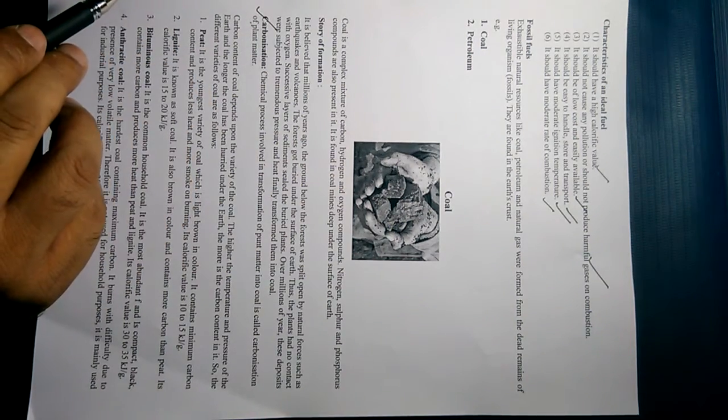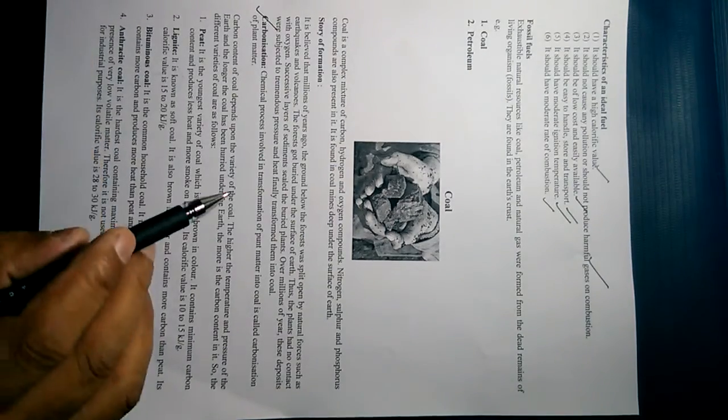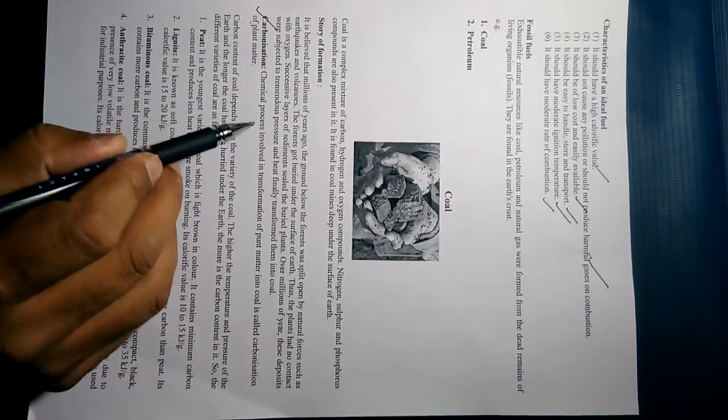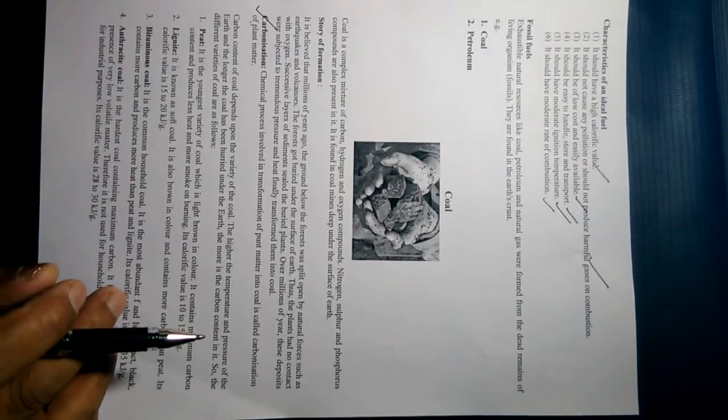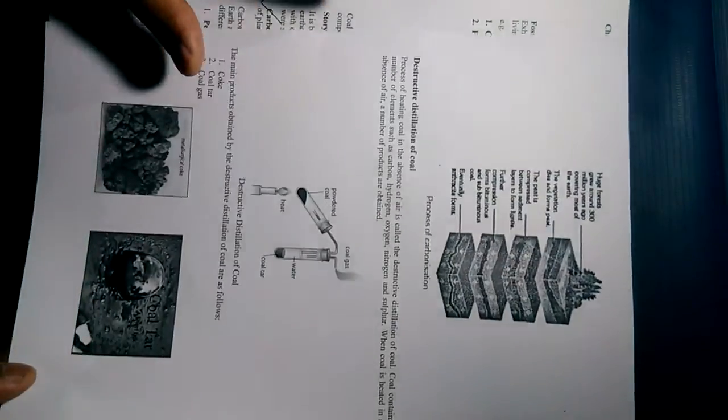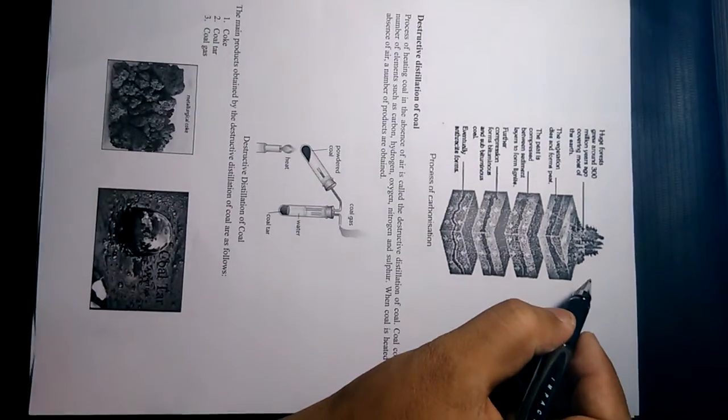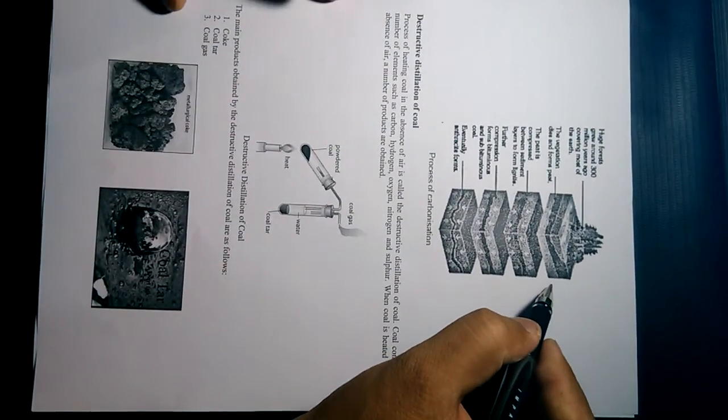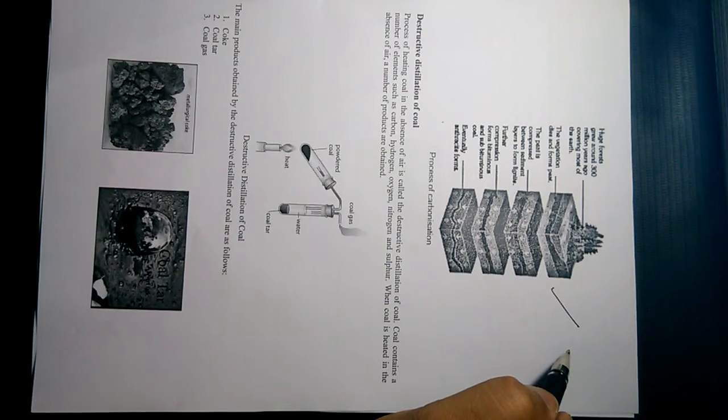Then how is coal formed? Millions of years ago, forests got buried. This is the diagram showing the process of carbonization.